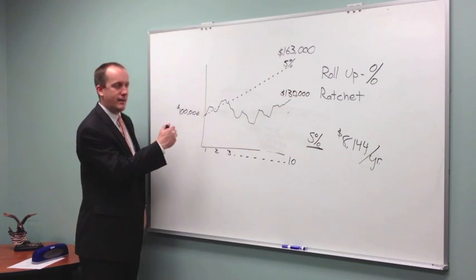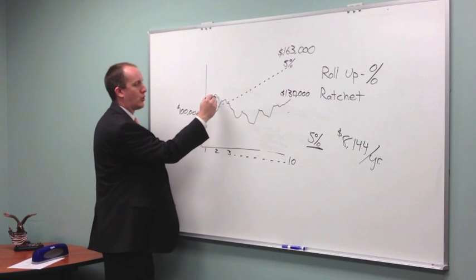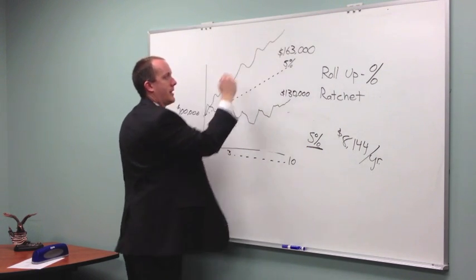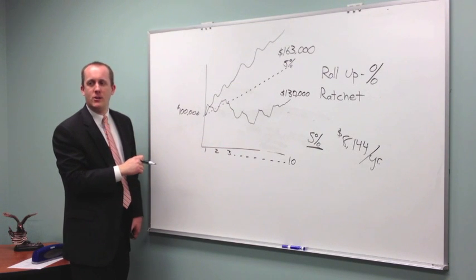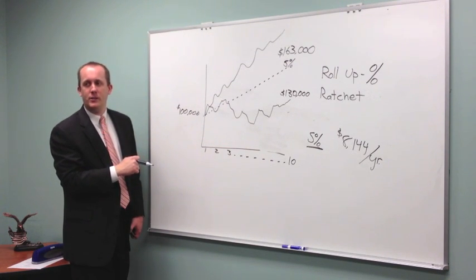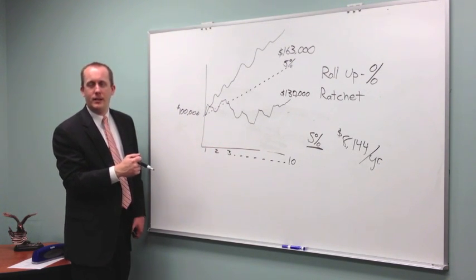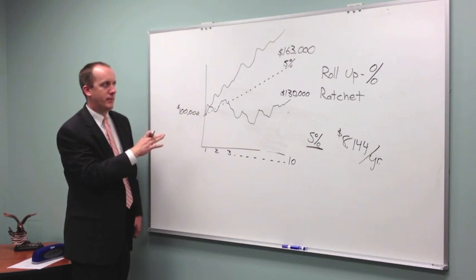Now, at the end of the day, you want the account to grow by much more than 5%. But what the annuity company is doing is they're saying even if it doesn't grow, you get to take income as if it did. So you can see how powerful this can be.